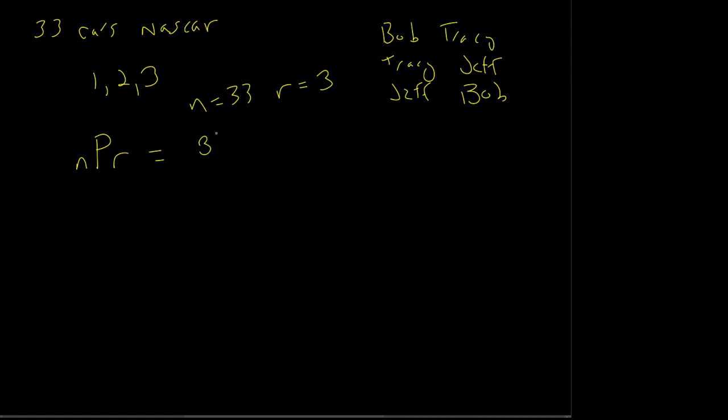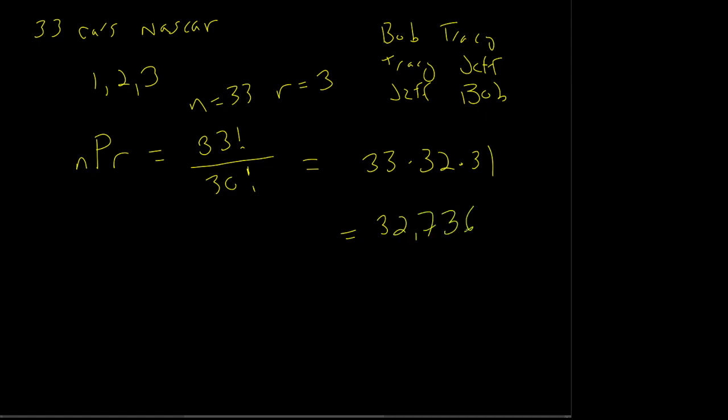And so we get 33 factorial over 30 factorial, which is 33 times 32 times 31, right? Because the 30 factorial is going to cancel everything else out. Or 32,736. So one race of 33 cars gives you 32,736 different possibilities. So it doesn't take many things for our permutations to rise quickly.